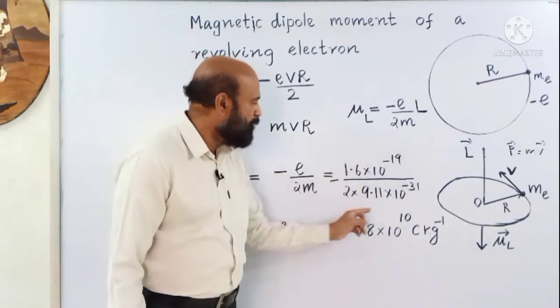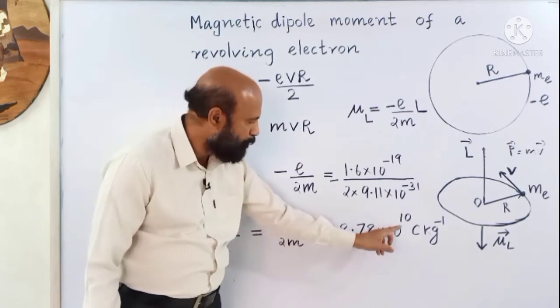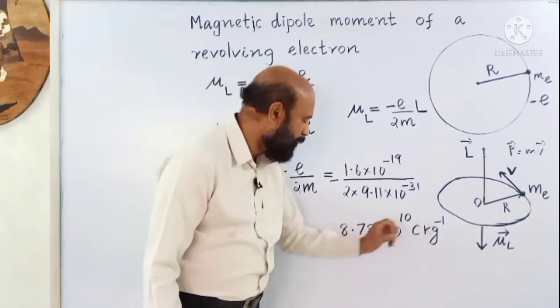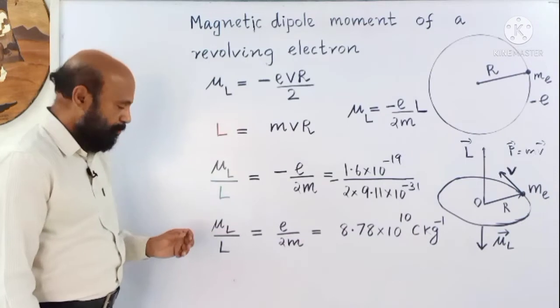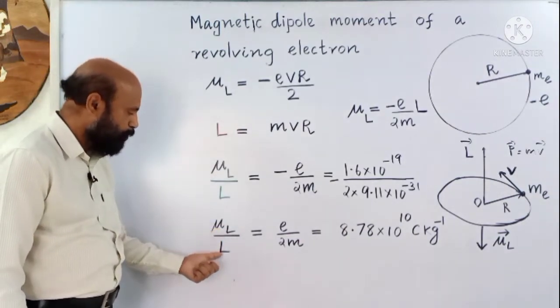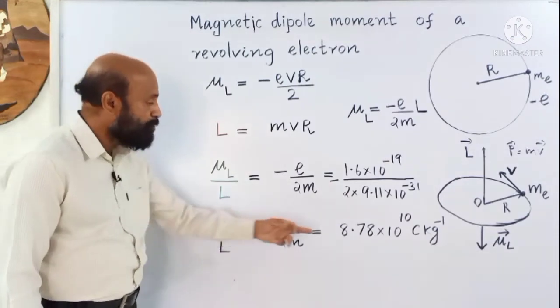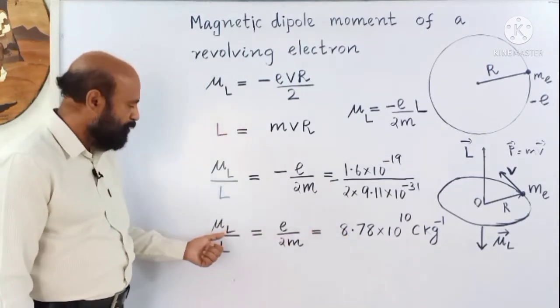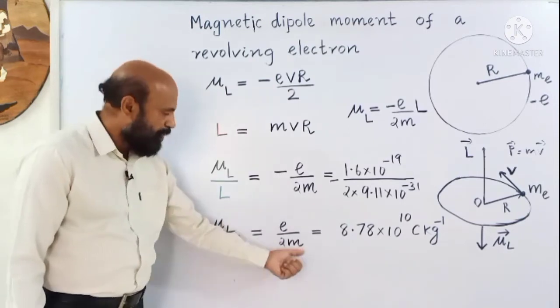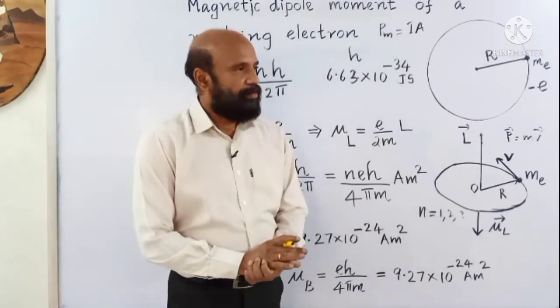Then when you do this calculation, you will get 8.78 into 10 raised to 10 coulomb per kg. We are comparing the magnetic moment to angular momentum, and this quantity is a constant, and this is known as gyromagnetic ratio.